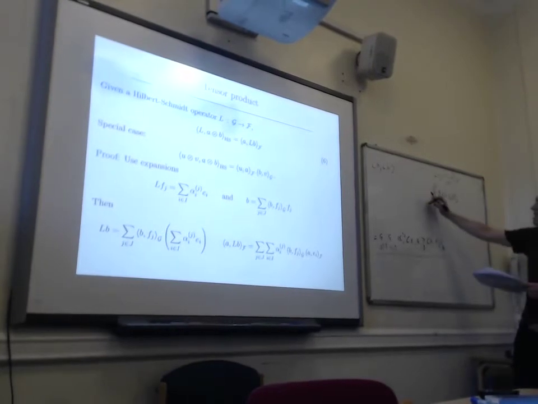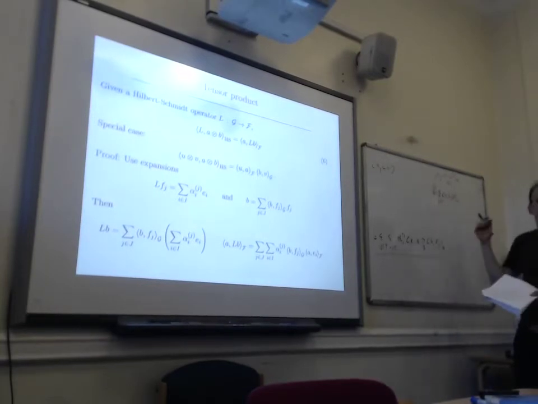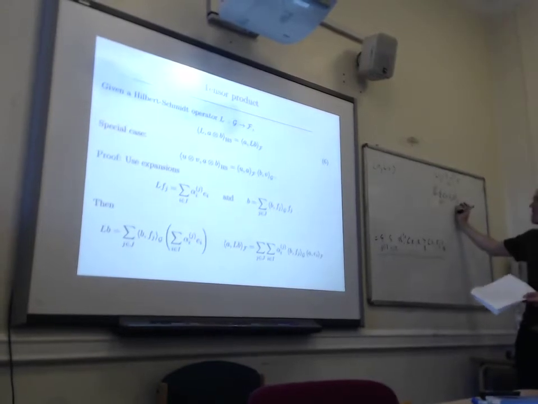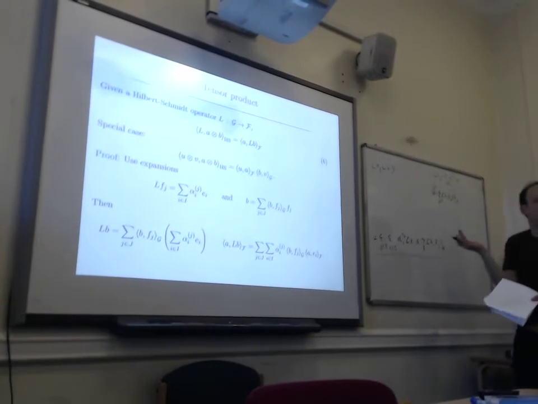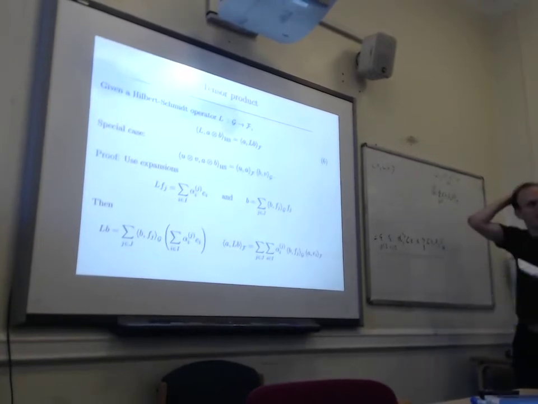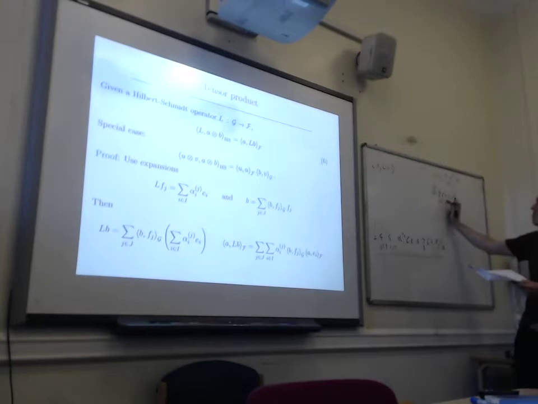I've just represented this vector B in my F space as a sum of the projections of B on all the basis functions, acting on the basis functions. It's a way of expressing B as a linear combination of all of these basis functions in the space, which you can always do. If you had a vector, it has components in each of the coordinate axes. I'm just doing that in the infinite dimensional space.